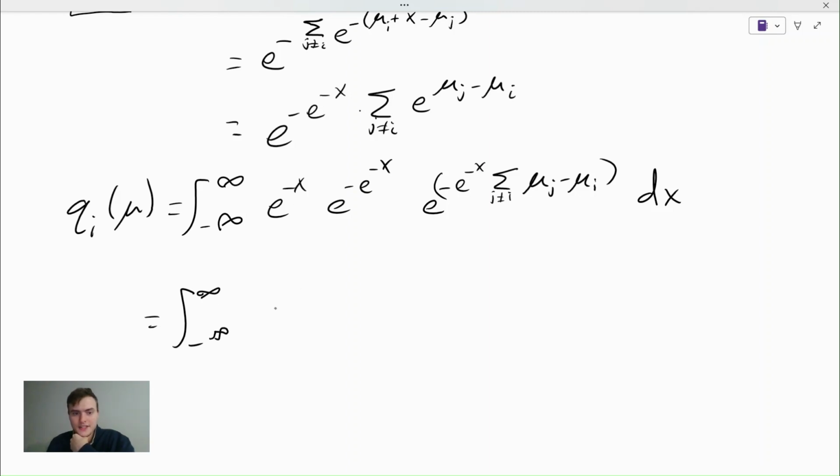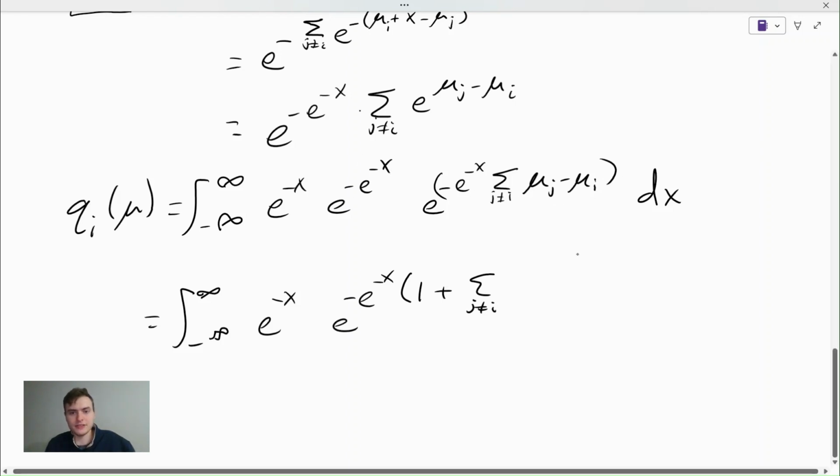Right, so we have an e to the negative x out front, but then these two we can combine. E to the negative x times 1 plus that summation. Right, we have it once here and then the summation over there.